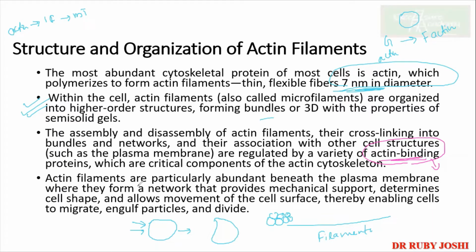Now, actin filaments are particularly abundant beneath the plasma membrane, where they form a network which provides mechanical support. Okay, determining the cell shape, it allows movement of the cell surface, thereby enabling cells to migrate, engulf particles, and divide.